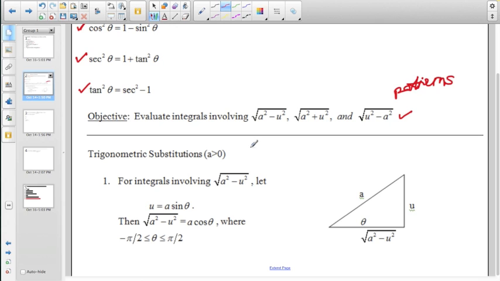If we take a look at this pattern, we know our basic Pythagorean pattern looks like this: we have our hypotenuse here, we have our legs, we'll call them leg 1 and leg 2.